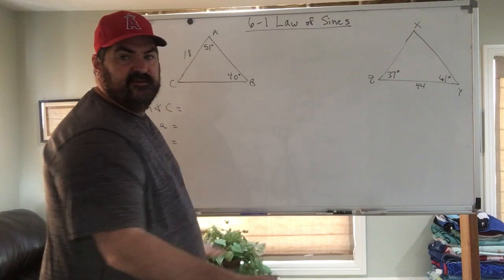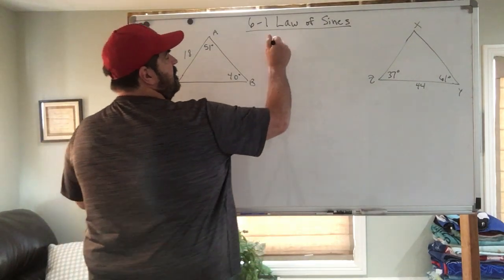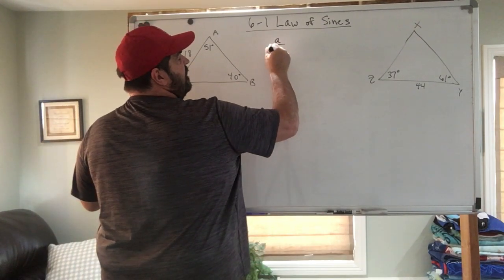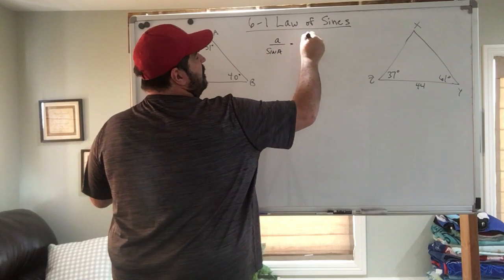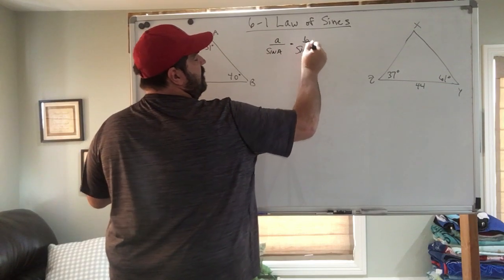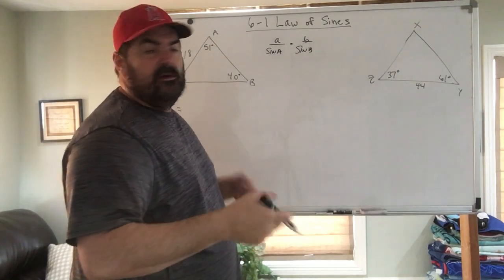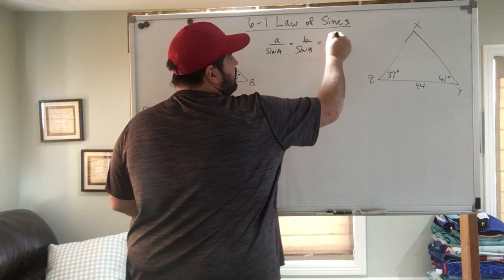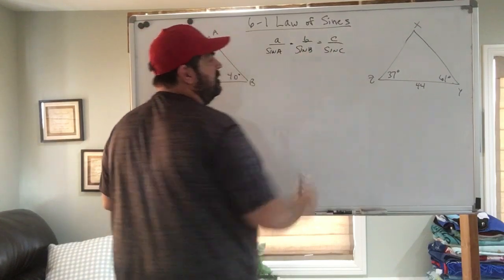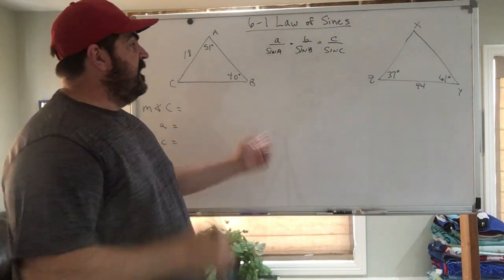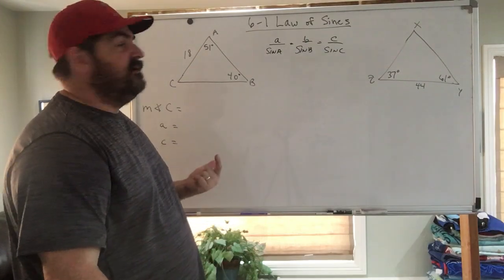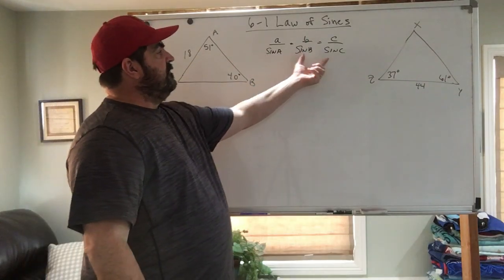So here's law of sines. It's a pretty simple formula. It's a over sine of A equals b over sine of B, which also equals c over sine of C. Not all of them at the same time. You just pick two of those. You can do these two or those two.